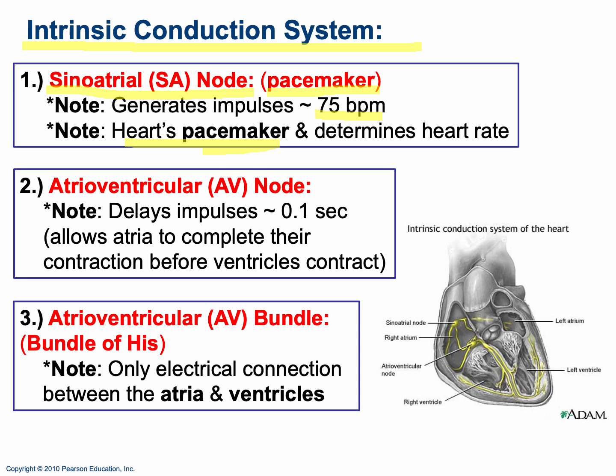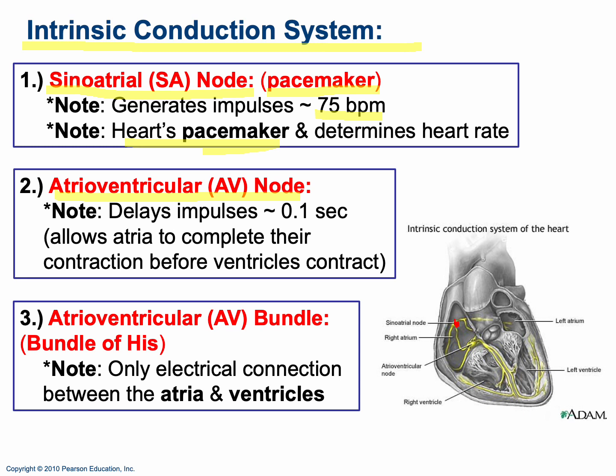And on the picture here, represented right here, the SA node right here. So that's found up in the right atrium. Electrical activity then will be transferred through this intrinsic conduction system to, number 2, the atrioventricular node, or the AV node.